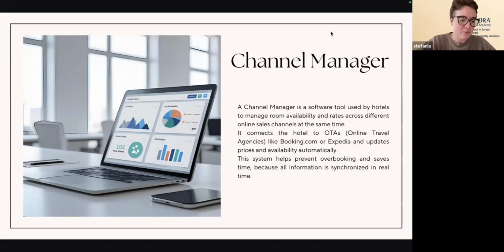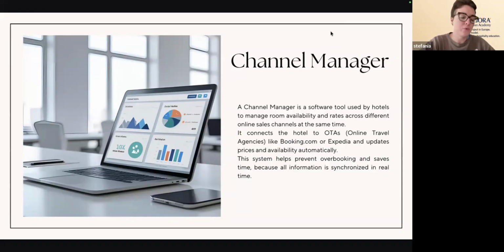Channel Manager, which is also a kind of software I've worked for. Channel Manager is a software tool used by hotels to manage room availability, room price, and room restrictions across different online sales channels at the same time.